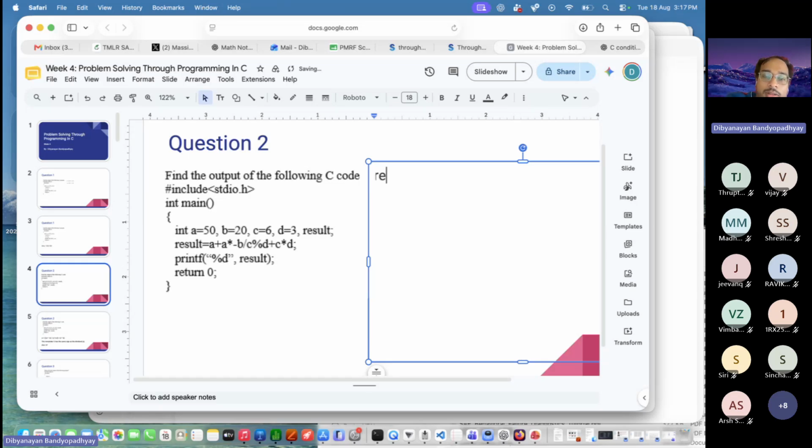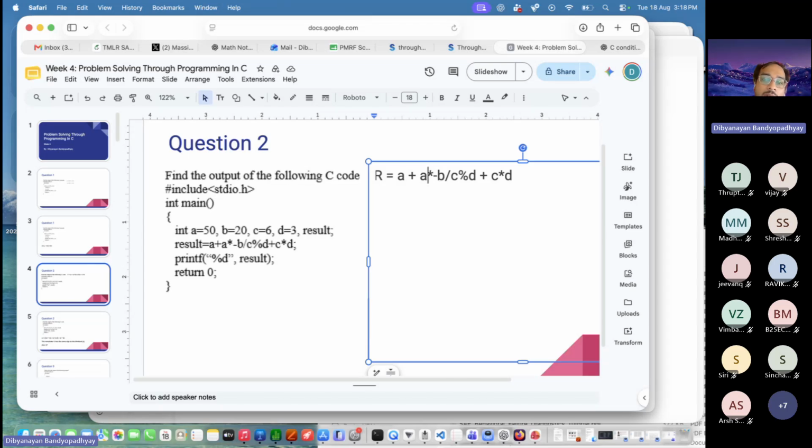Let's write it like this: A plus A into minus B, then divided by C, plus C into D. Try to see what the operations actually are and how they are performed. All the operations, if you see carefully, are left to right associative, so they should be performed from left to right.